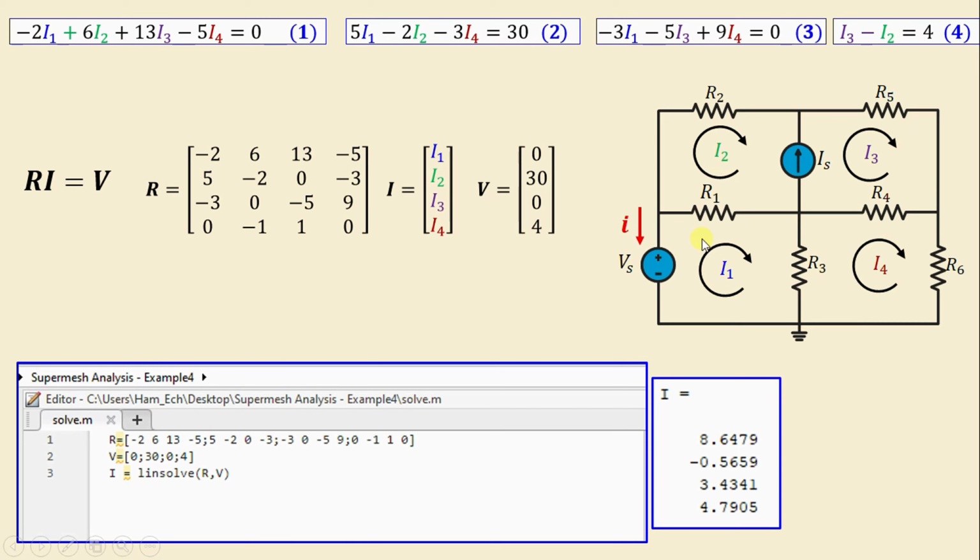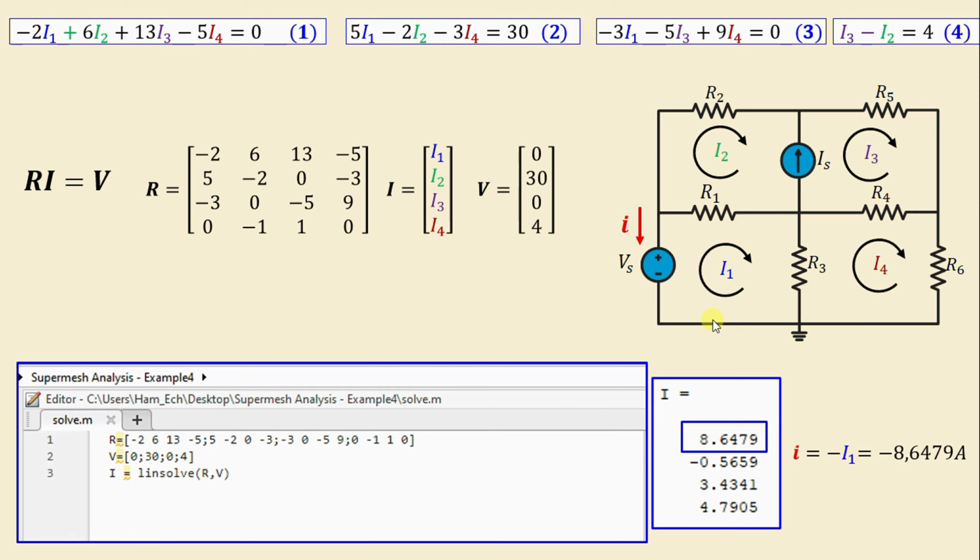If we look here in our network, we can see that the current I is equal to negative I1. That's why we can write I is equal to negative I1 is equal to negative 864.79 amps, which is almost negative 865 amps.